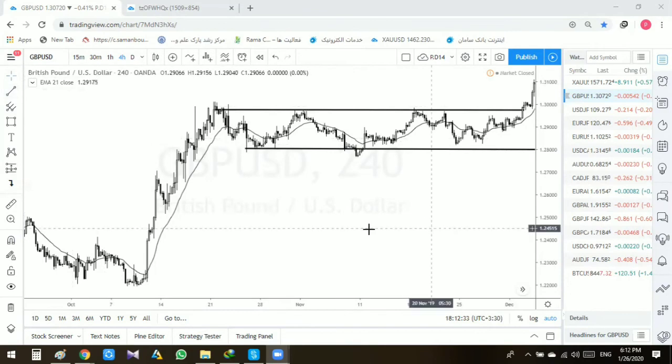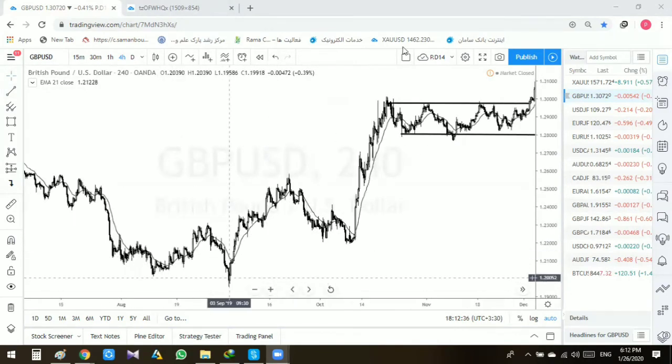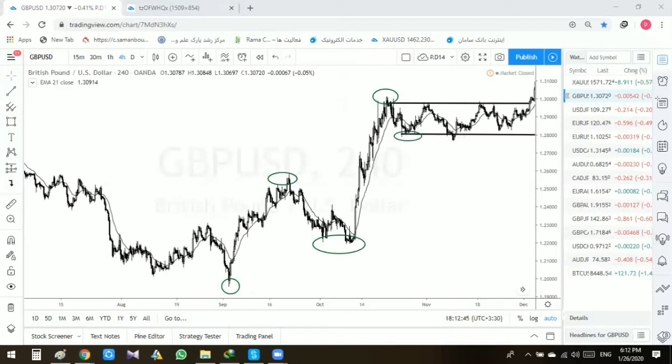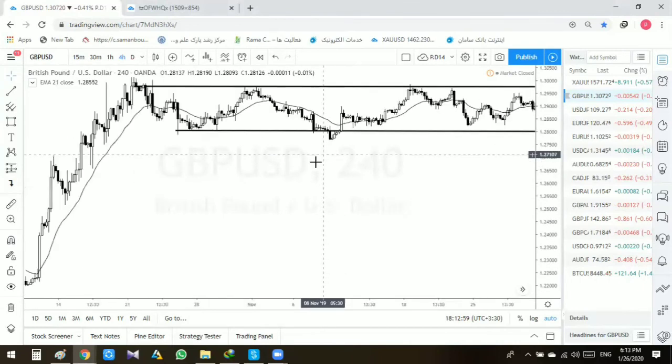You see, price was making, this one was my low, my high, higher low, higher high, and higher low, right? So I could expect price coming down to my last higher low, and price just did that. Price came down again to my last higher low.